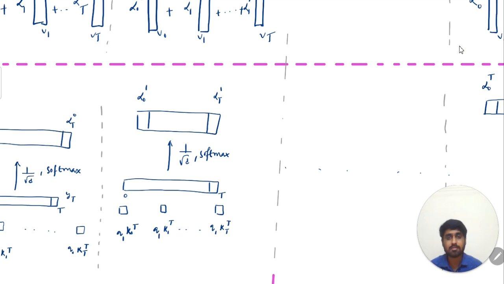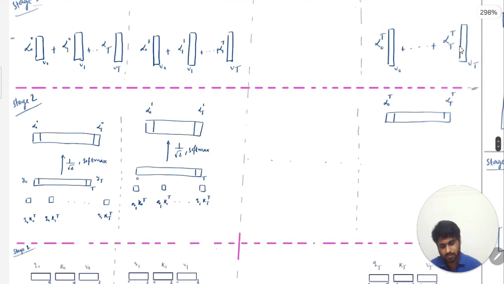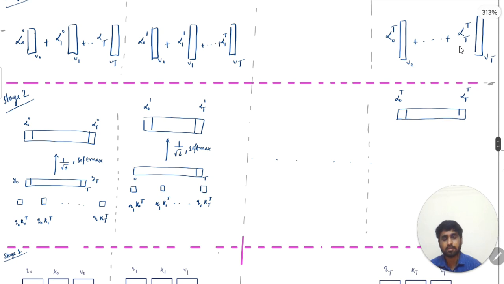Upon scaling with root d and applying softmax, we get the weights for the first embedding. Similarly we can do it for all the embeddings, which gives the weights corresponding to all the embeddings.